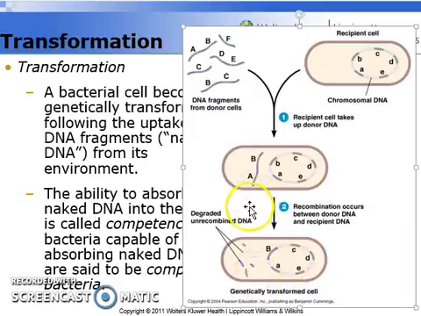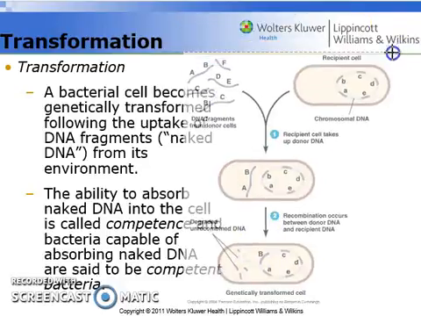So notice how A is not being integrated, it's just segment B that integrates in. It could just be a particular segment of the fragmented DNA that is going to be used to transform the cell. The rest of the DNA that doesn't recombine with the host cell DNA is going to be degraded and destroyed. So that's not going to be used by the cell. So this is an example of how transformation occurs.